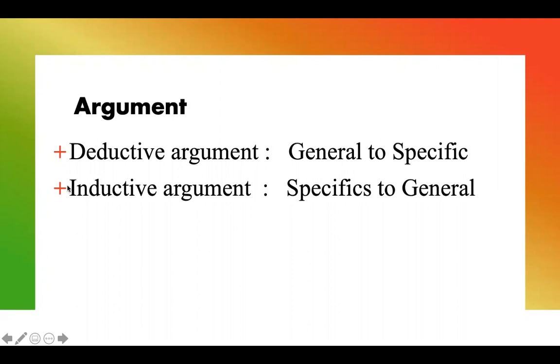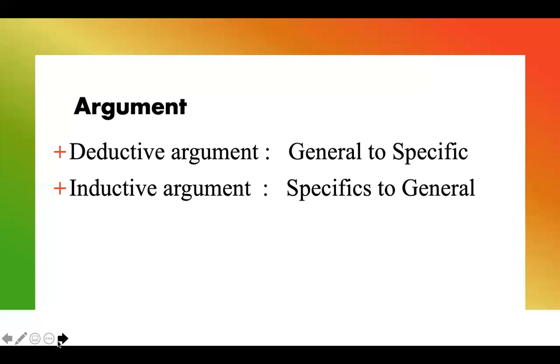Inductive argument is the opposite of deductive argument, where we form a general conclusion based on specific examples. Deductive argument is always true, but inductive argument can be true or false. So general to specific, we call it deductive argument. Inductive argument will be specific to general.